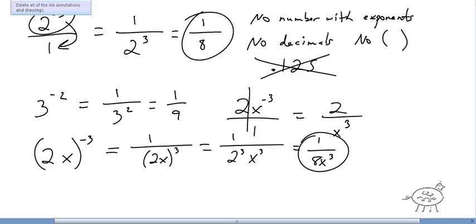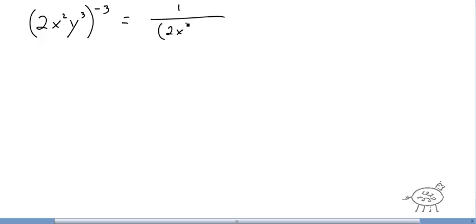All right, so let's do several more examples here. Make sure you guys understand what we're doing. Okay, (2x squared y cubed) to the negative third power. That just means it's everything in parentheses, so it's 1 over (2x squared y cubed) to the positive third power.